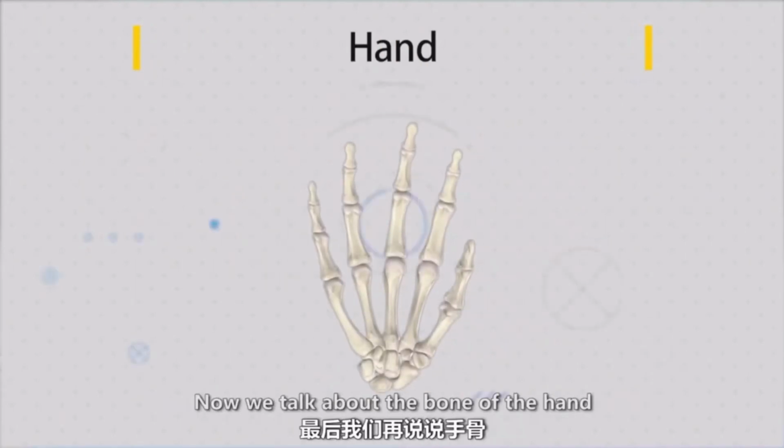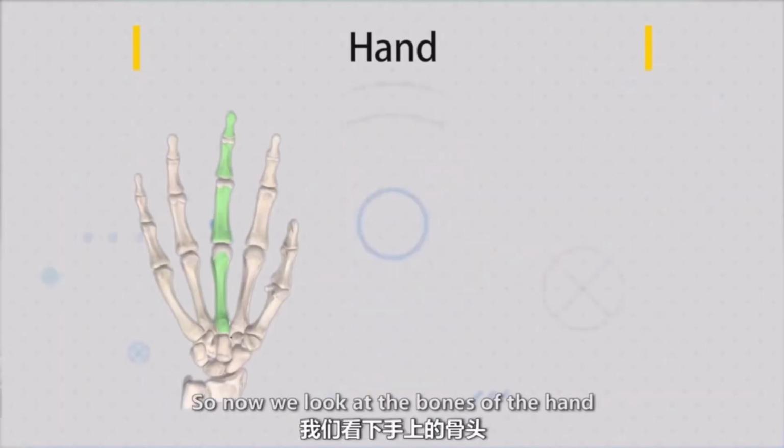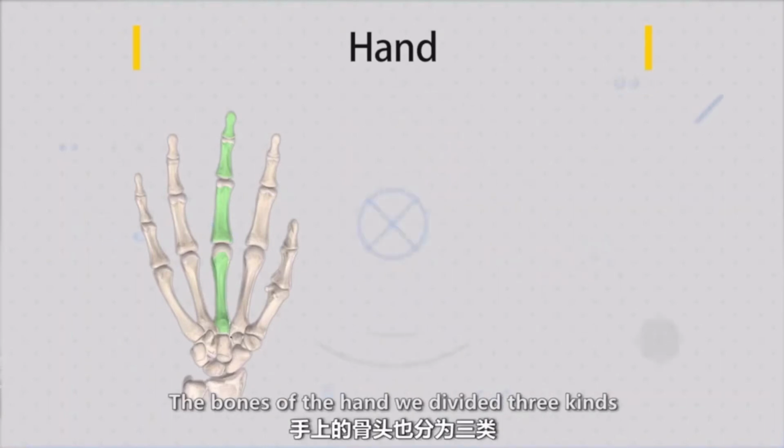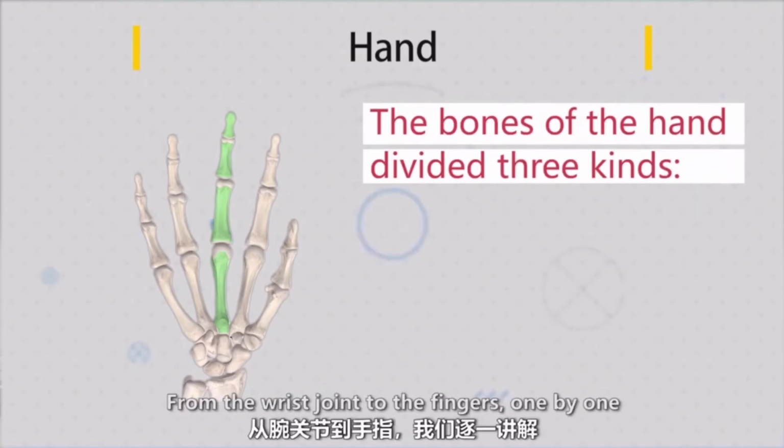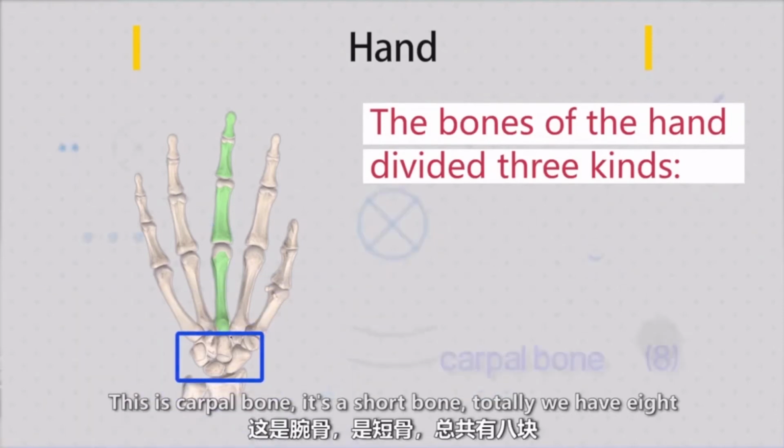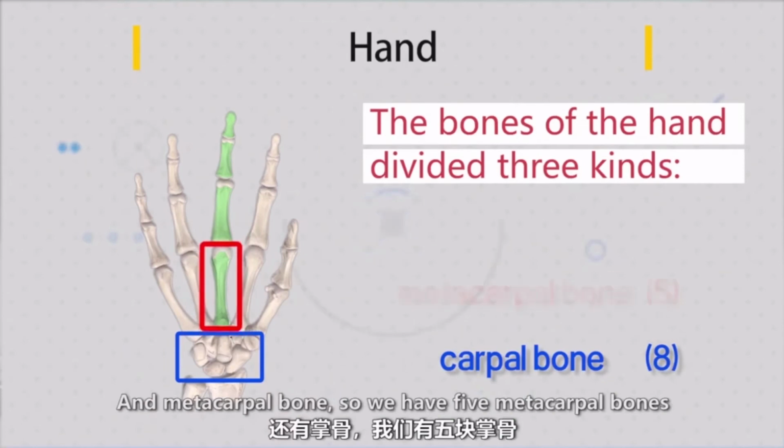So now we talk about the bones of the hand. The bones of the hand we divide into 3 kinds, from the wrist joint to the fingers. One by one. This is the carpal bone. It is a short bone, and in total we have 8. Then the metacarpal bones, 1, 2, 3, 4, 5, so we have 5 metacarpal bones.